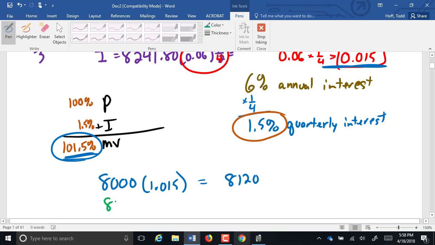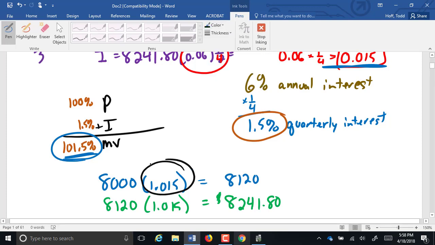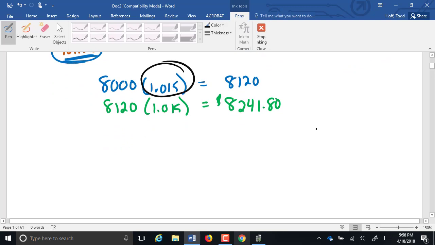The second quarter, you take that $8,120 times 1.015, that would be $8,241.80. Notice those are giving us the same ending balances. Well, how many times do we have to multiply by 1.015? 12, right? There's 12 of them.